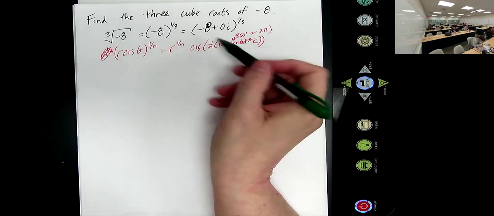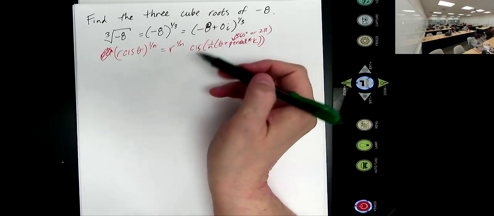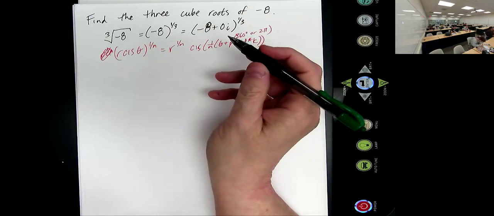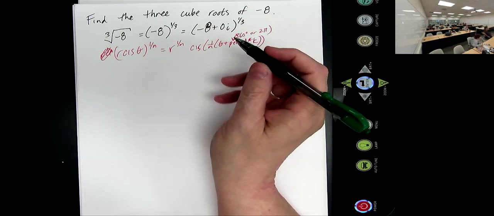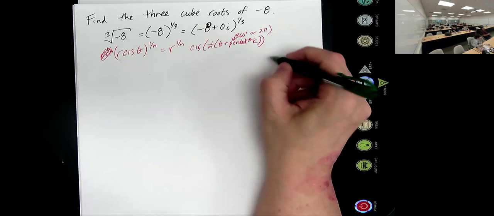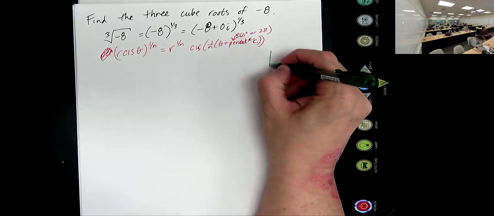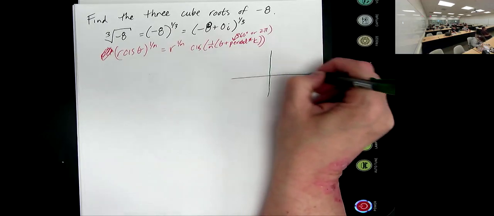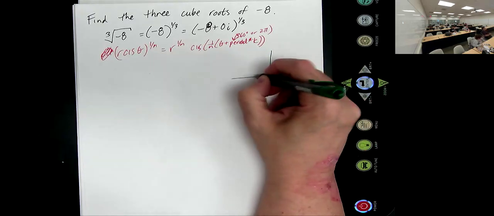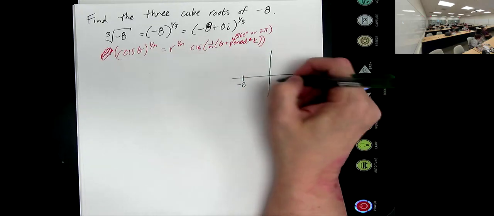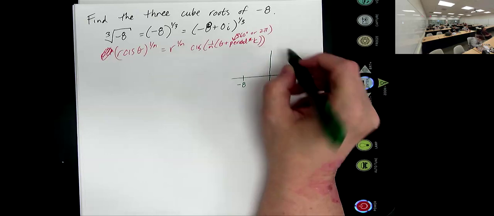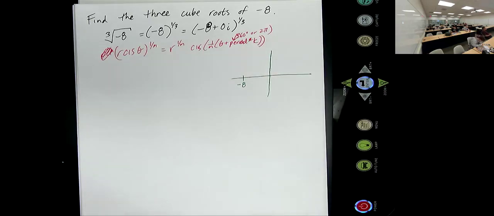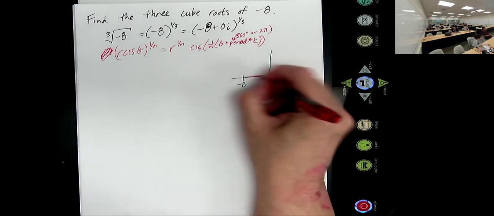So to do this, we need to actually find out what r and theta are. Theta is actually easy if we just graph this. -8 goes over 8 to the left, and 0i being 0 means we don't go up or down. Our vector is pointing to here in the complex plane.